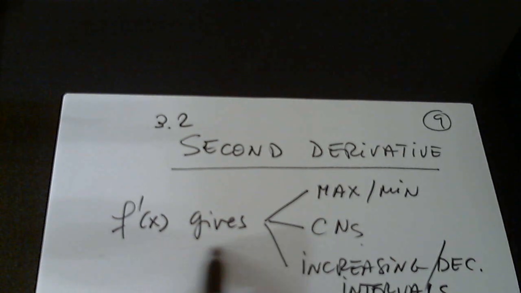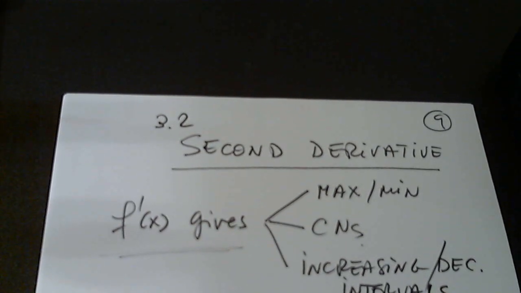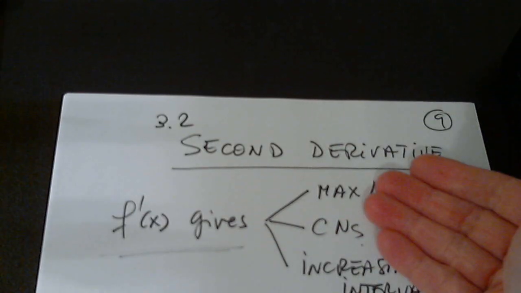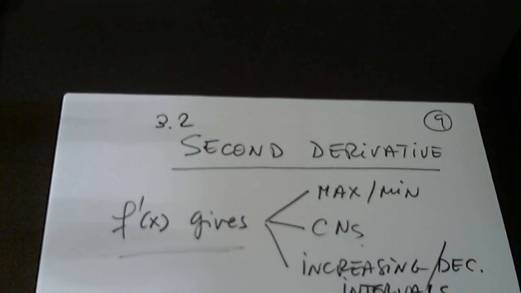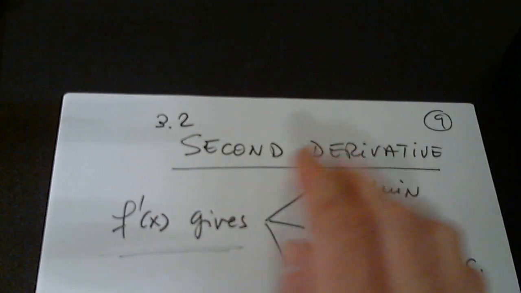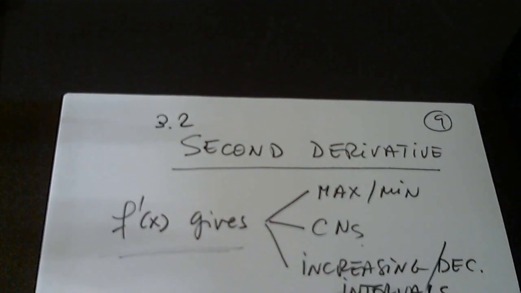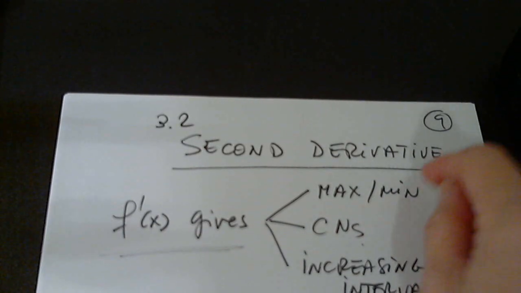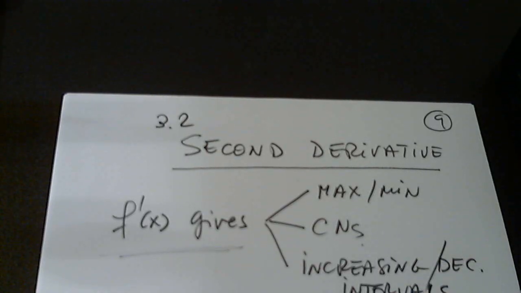So the first derivative is the culprit, so to speak, for 3 different things. Critical numbers that may change into max min, and increasing, decreasing intervals. This information about the function, all these pieces come from the first derivative. The first derivative gives us critical numbers, max min, and increasing and decreasing intervals.